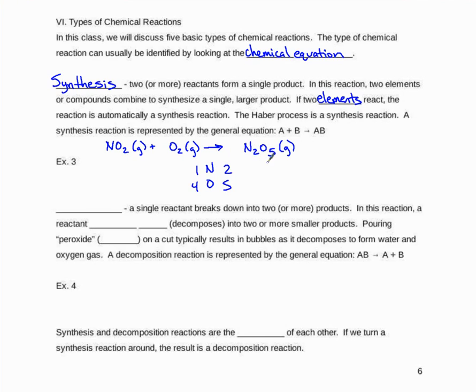This side has an odd number of oxygen, and this side is always even. So the first thing I would do is make it so that we have an even number of oxygens in the products. And that means putting in a coefficient of 2. That changes the oxygens to 10, which is an even number. And it changes the nitrogens to 4.